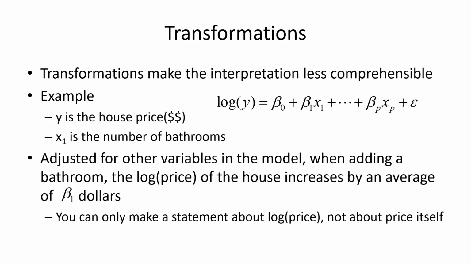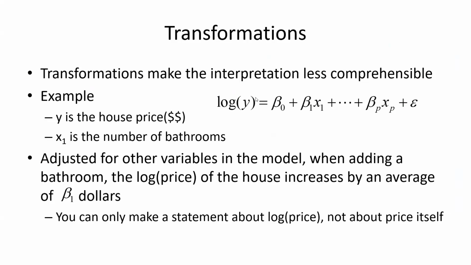The bigger problem, in my opinion, is that it makes the interpretation not so interpretable. So for example, if we have the log of y, where y is the house price, and I have some x variables, and one of the x variables is the number of bathrooms. And then I want to say, what's the effect of adding a bathroom on the house price?